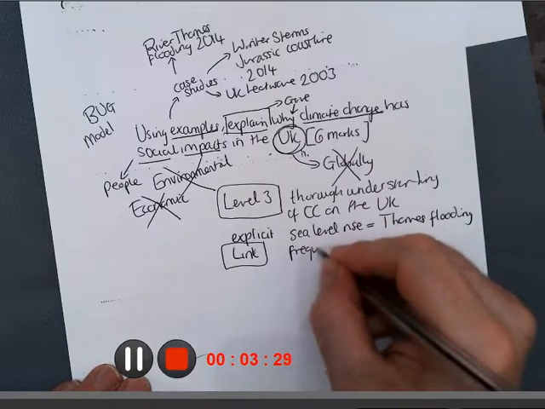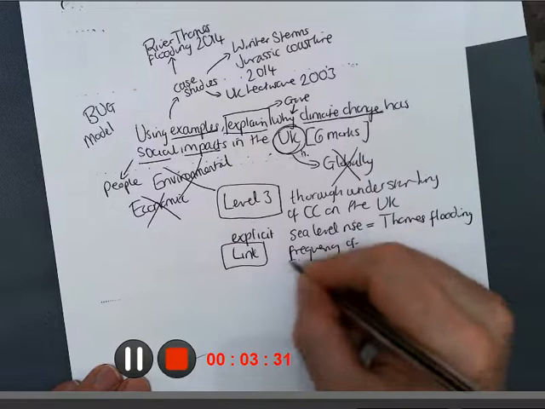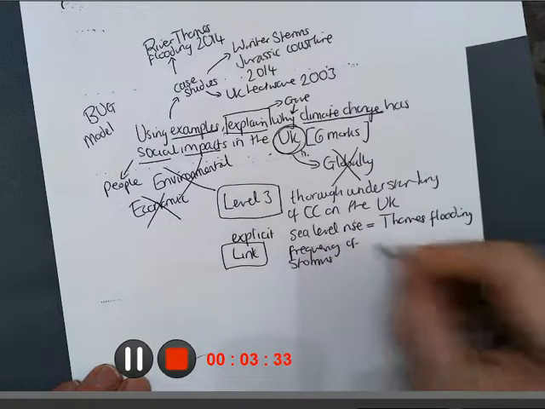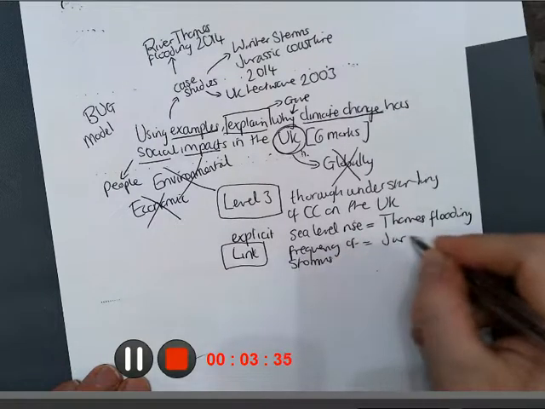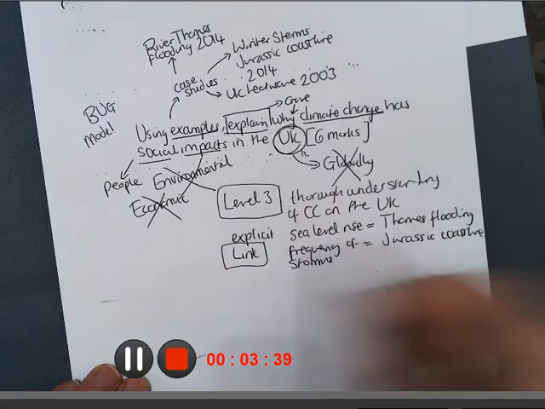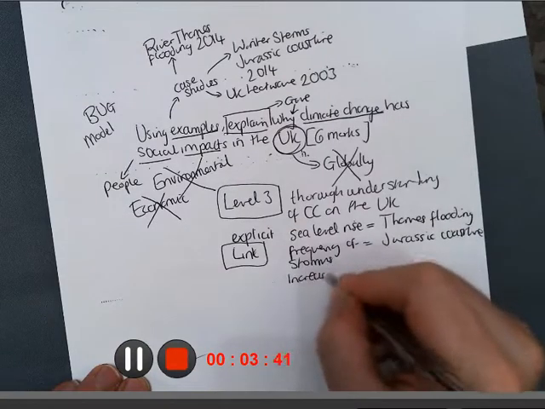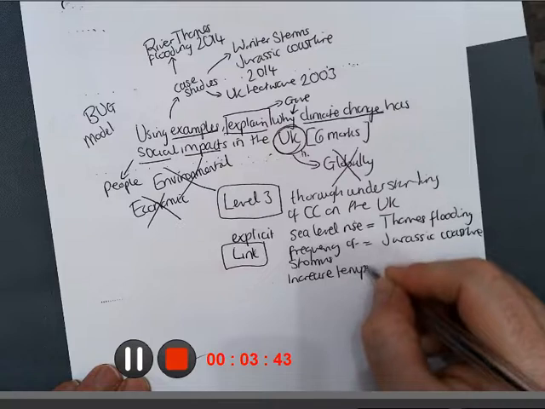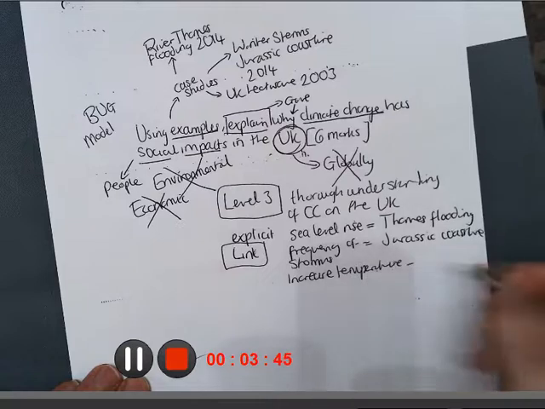Frequency of storms, well, that was the Jurassic coastline. Increased temperature, well, that was our heat wave.